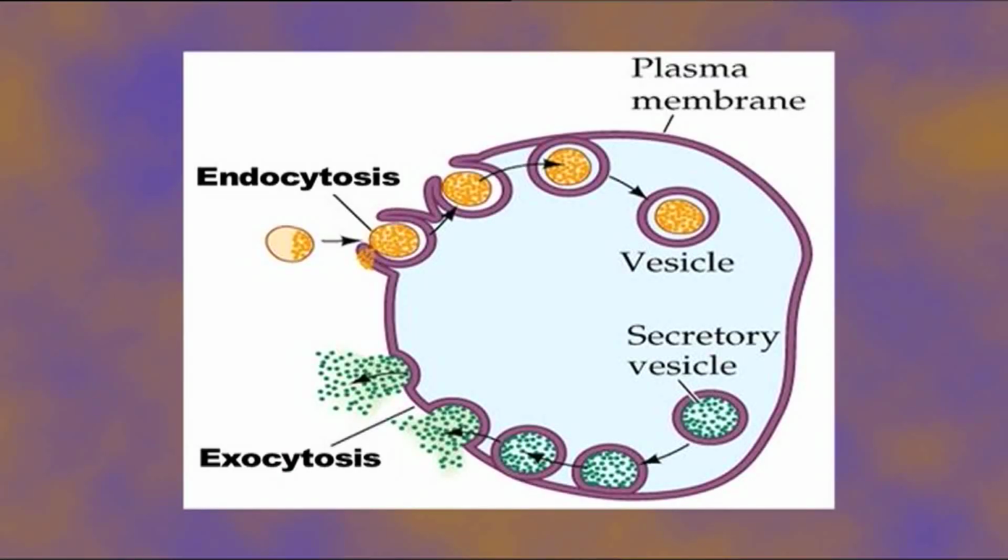If membrane enclosed sacs engulf material, it is known as endocytosis, and if the material is discharged, it is known as exocytosis. In the process of endocytosis, cells incorporate material from their surroundings.